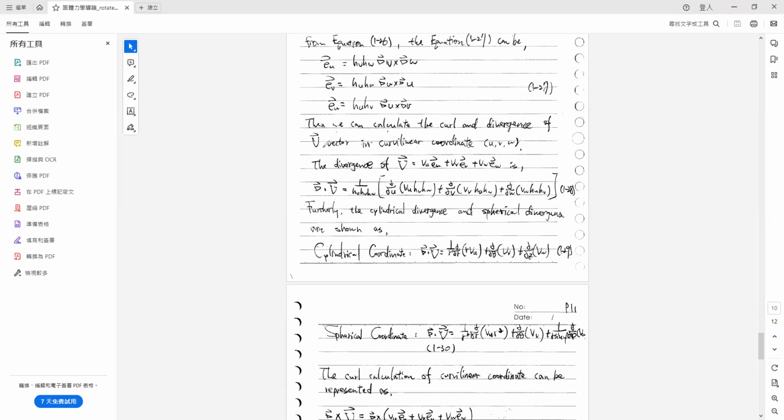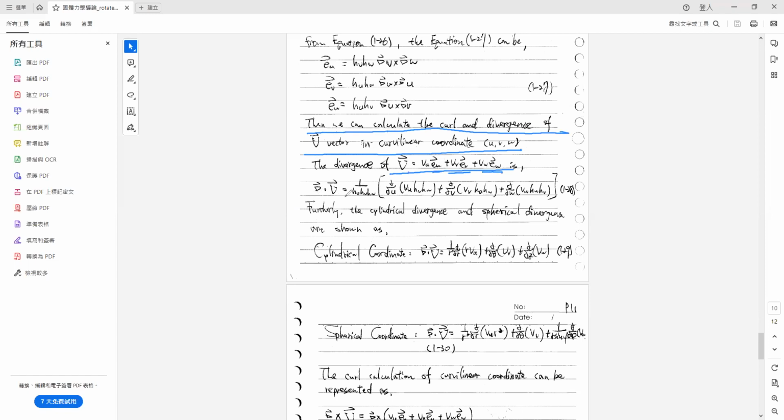So what should we calculate about this? In engineering mathematics, we can calculate the curl and the divergence of vector V in curvilinear coordinates UVW. Then we assume the vector V is VU vector EU plus VV vector EV plus VW vector EW.